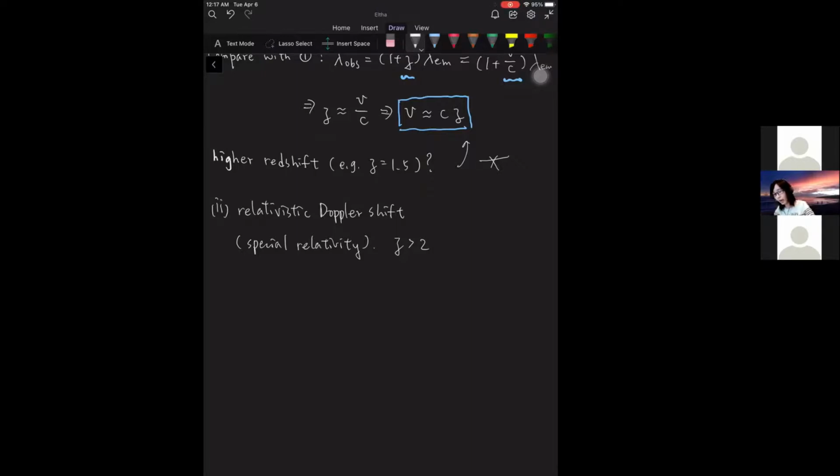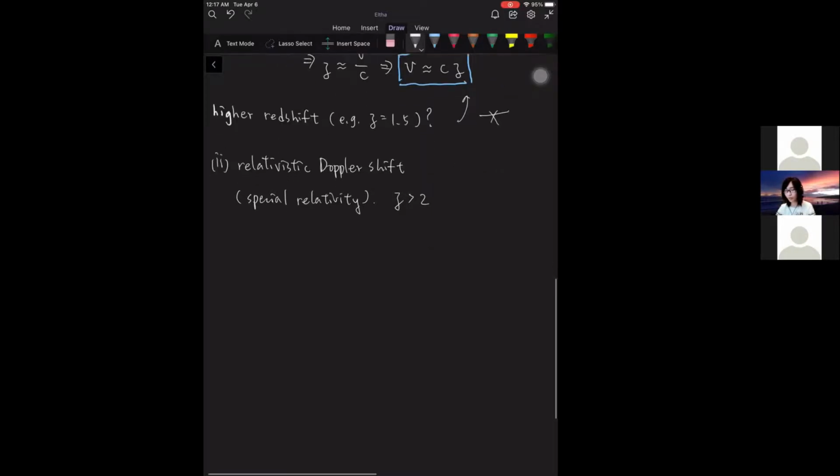But I'll not discuss this because it should be out of the range we should cover. We already derived the non-relativistic Doppler shift, and to derive the relativistic version is actually pretty simple. We just need to consider the time dilation of what we just derived.